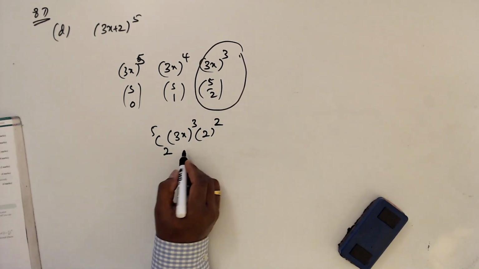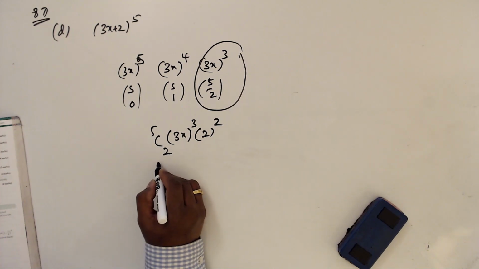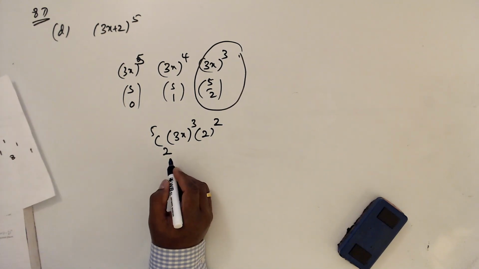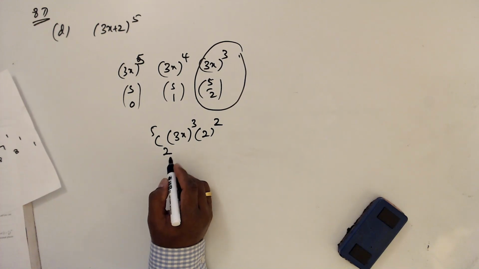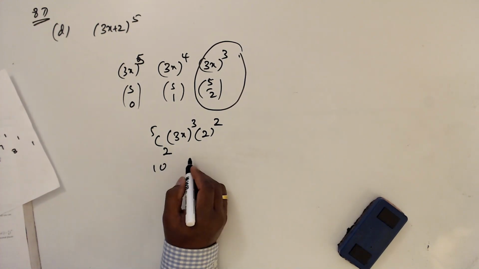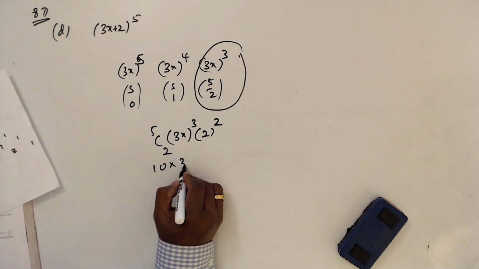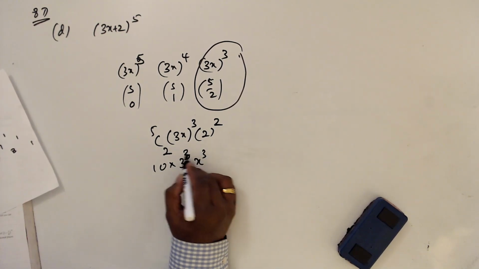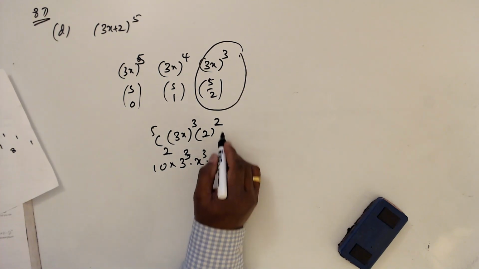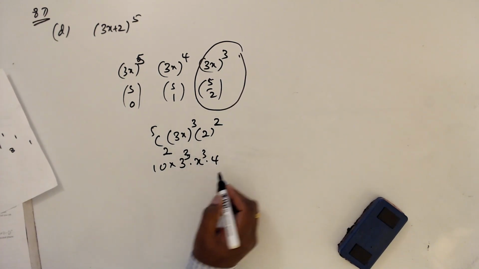So this is going to be 5c2, which means 10, and this is 3 squared times 3 cubed x cubed, and this is going to be 2 squared, 4.